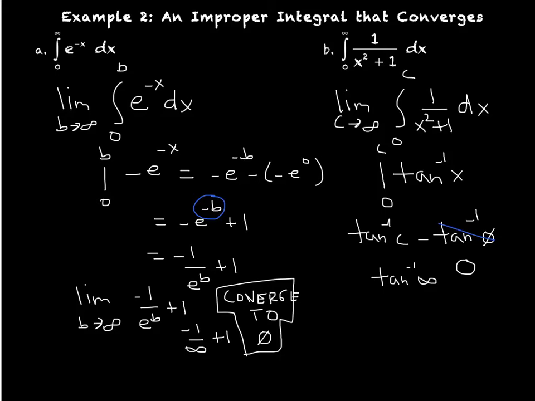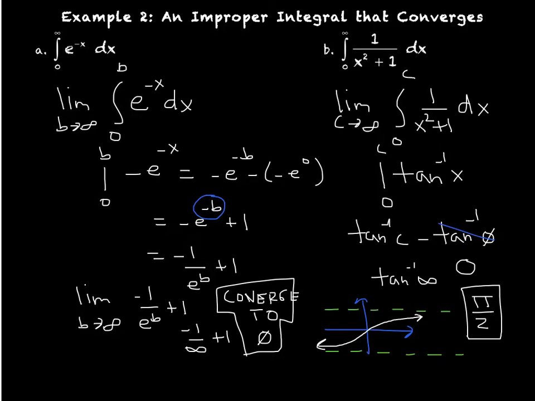Well, if we remember what the inverse tangent graph looks like, it would be helpful to recognize this, that there are asymptotes at pi over 2 and negative pi over 2, and the graph of the inverse tangent kind of looks like that. So as x approaches infinity, the inverse tangent graph approaches pi over 2. So this integral is going to converge to pi over 2.